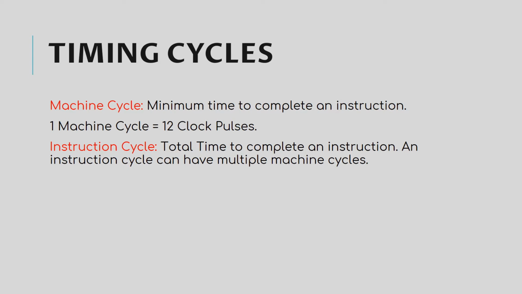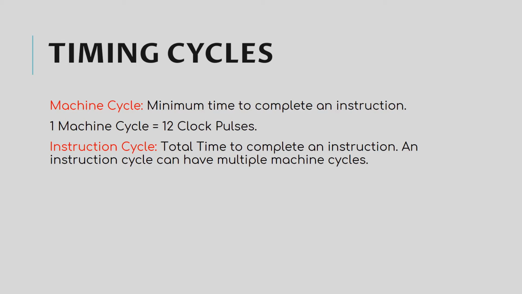You have to know that there are two cycles in 8051. One is called machine cycle. What is machine cycle? Machine cycle is the minimum time to execute an instruction, and this is given by the manufacturer that the machine cycle in 8051 requires 12 clock pulses.